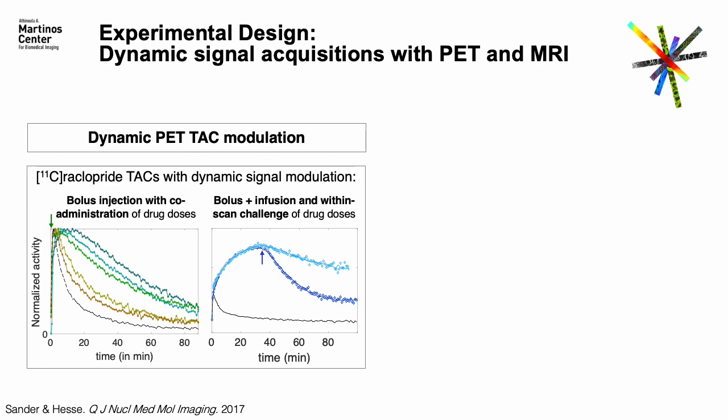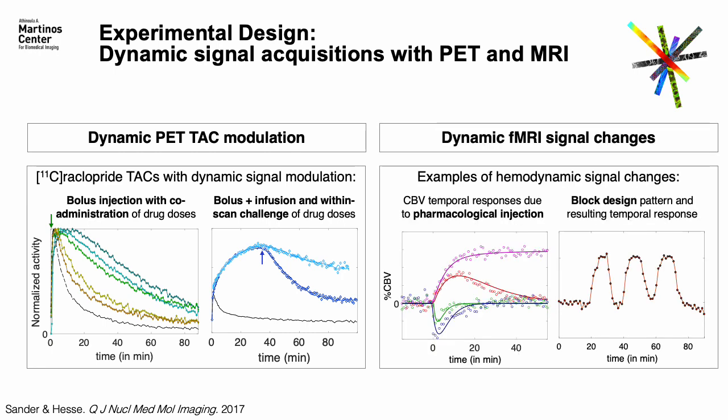But there are also bolus plus infusion or within scan challenge of drug doses, which allow you to image signals more dynamically. And of course, in contrast to dynamic fMRI signal changes, PET images are traditionally acquired at a steady state level over longer periods of time, and so this really needs to be reconciled together with fMRI dynamics when doing experiments in both modalities.